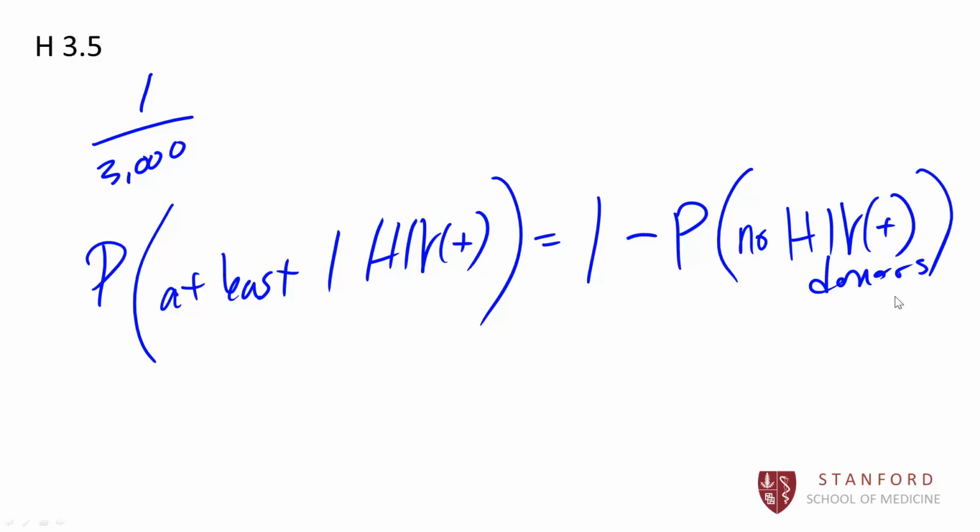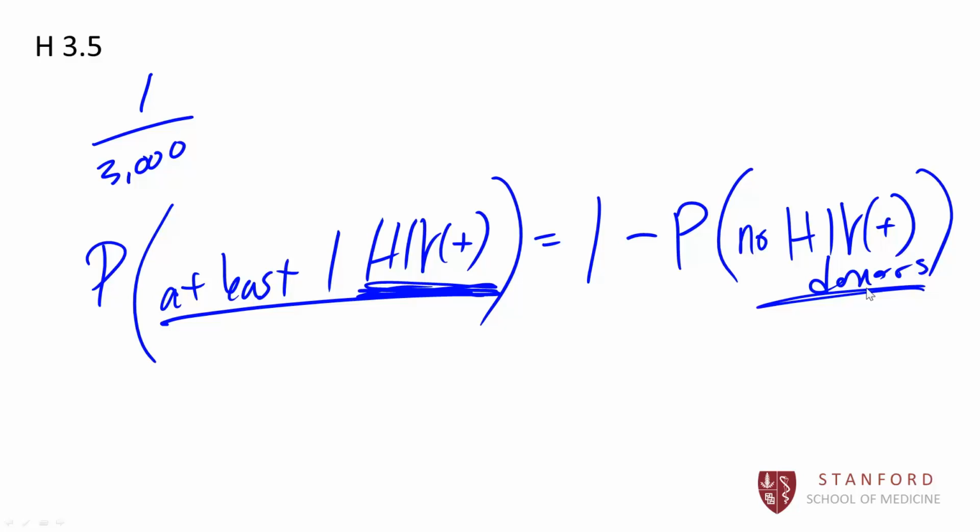And that makes sense. So you have a lot of chances for having HIV positive, but these are all encapsulated by doing 1 minus the probability of having exactly 0 HIV positive donors.